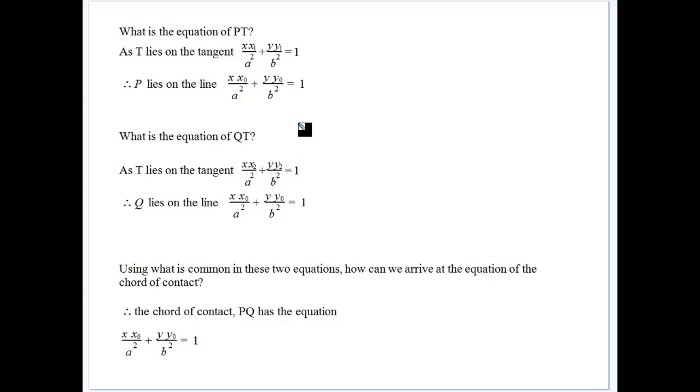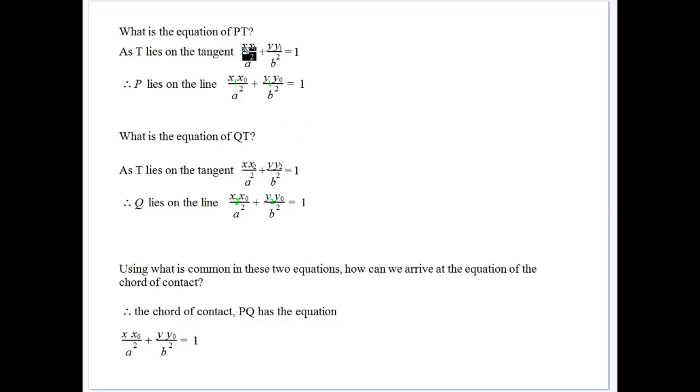Now, if we sub x0, y0 into both of those, we get x1, x0, y1, y0 for P, and the same thing for Q, we get x2, x0, y2, y0.